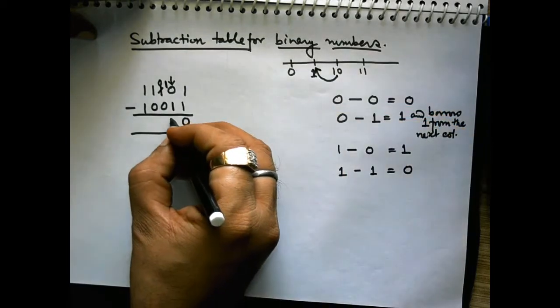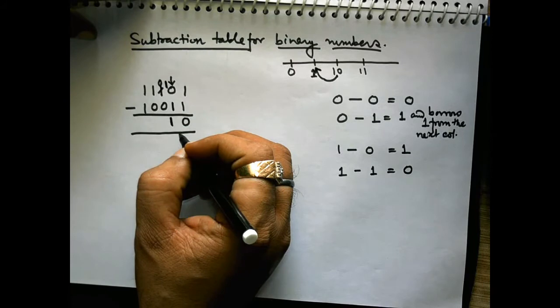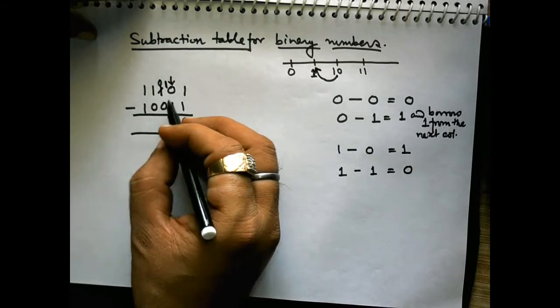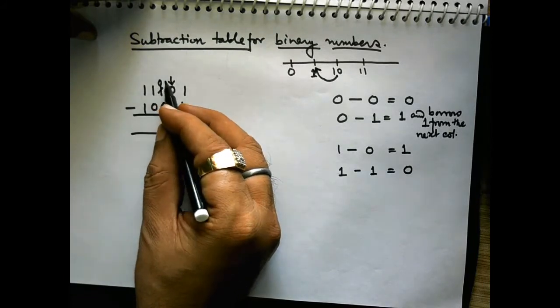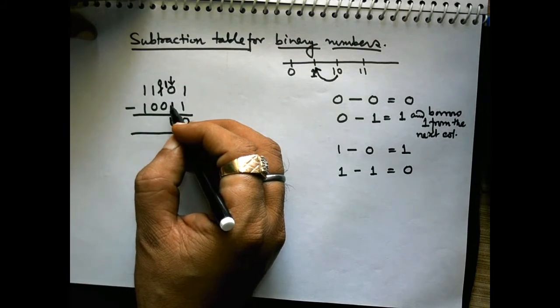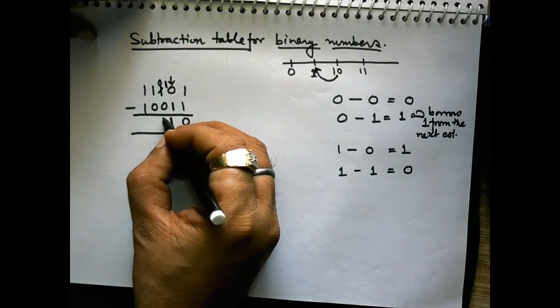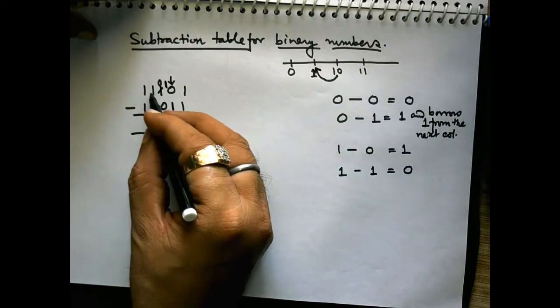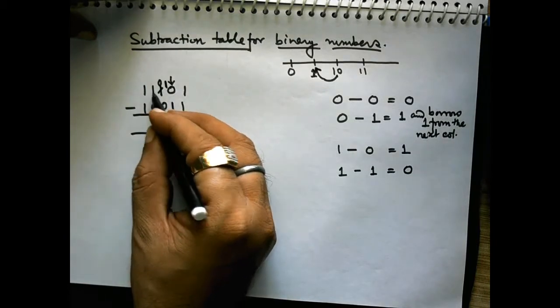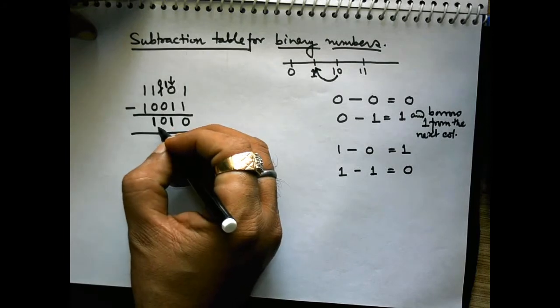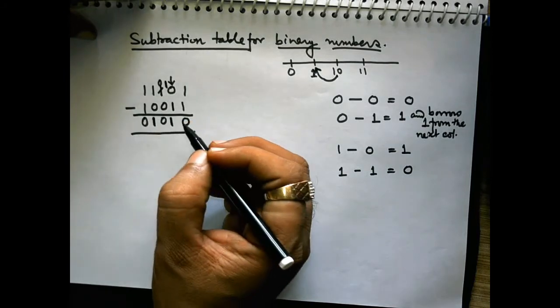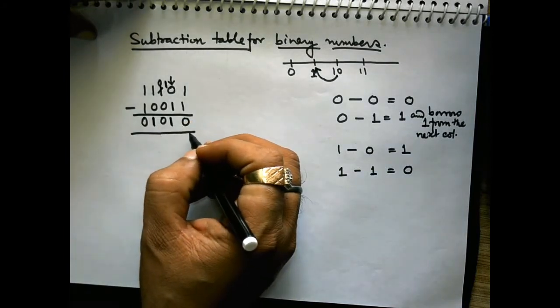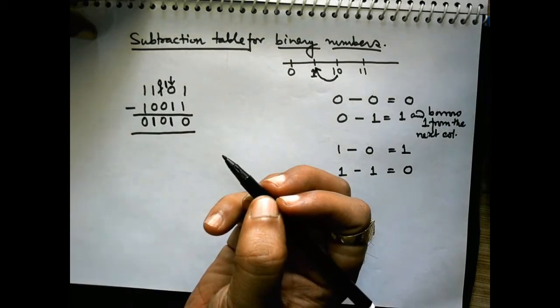So naturally you have 1, and the donor becomes 0 after donating this borrow, and 0 subtracted from 0 becomes 0, and 0 subtracted from 1 results in 1. So this way, this is the final result.